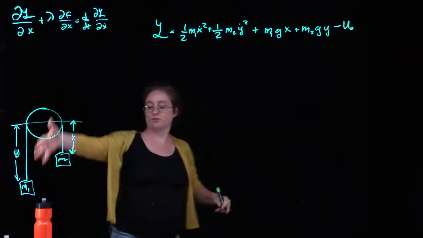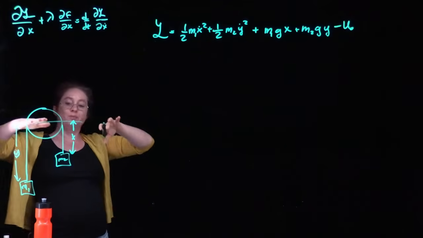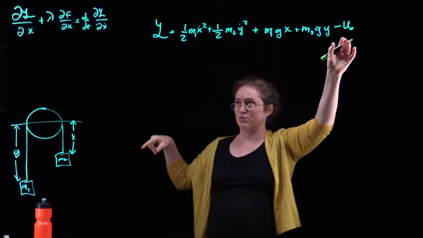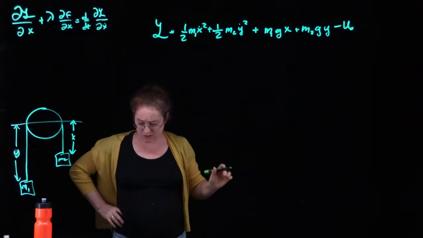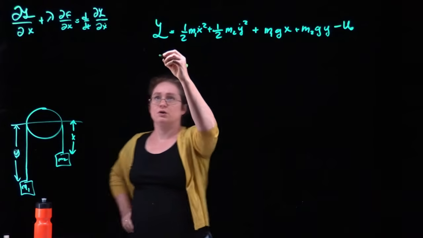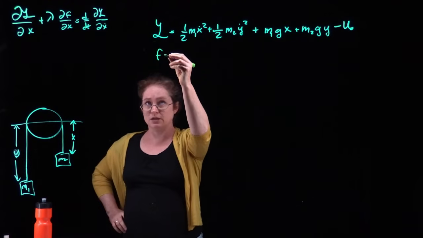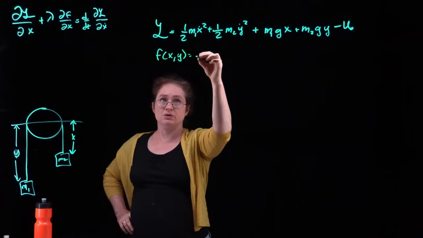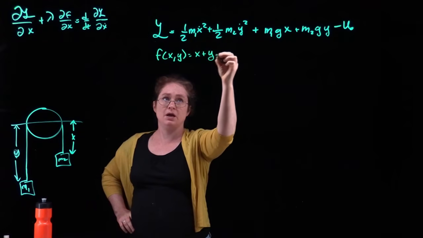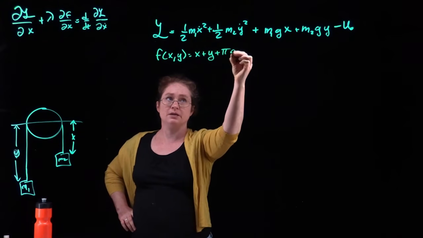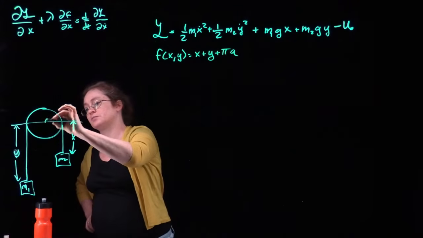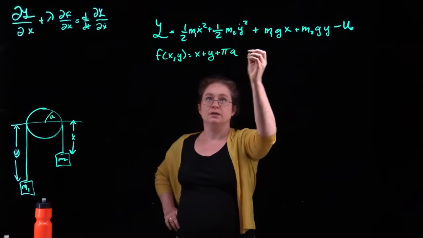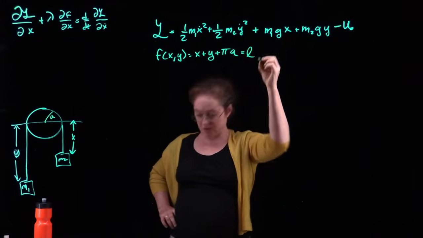You could write the potential all sorts of different ways, but if we put the 0 there, this potential happens to be 0. We can then write our equation of constraint as f of x and y equals x plus y plus pi times the radius, a, equals the length of the string.